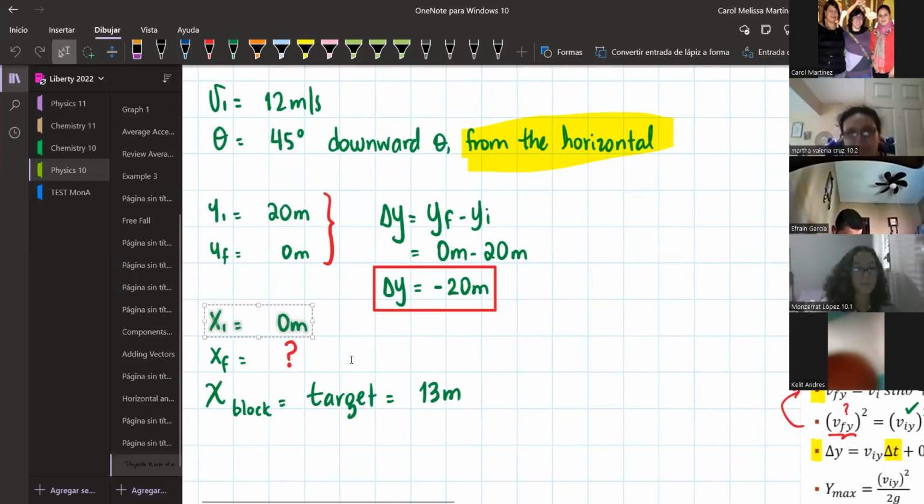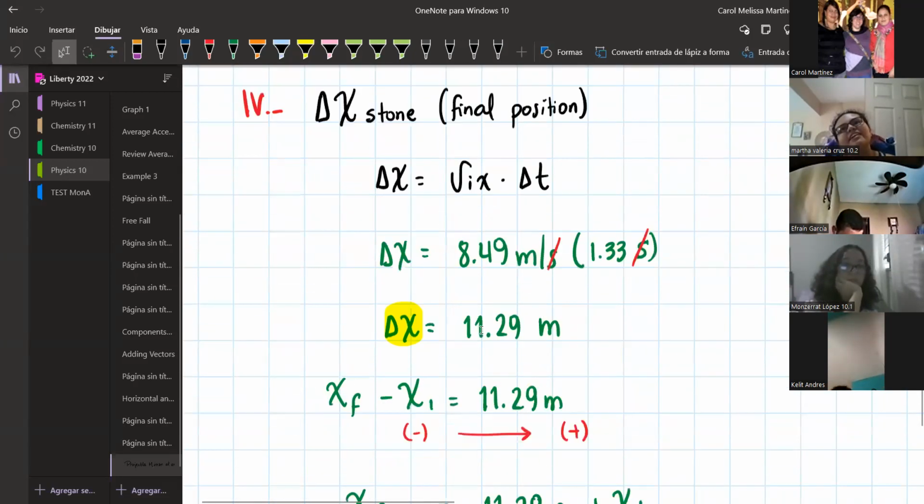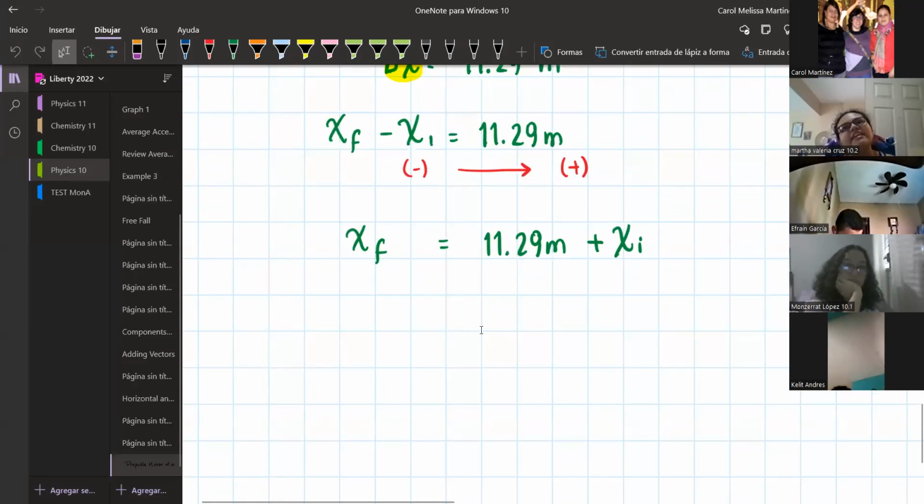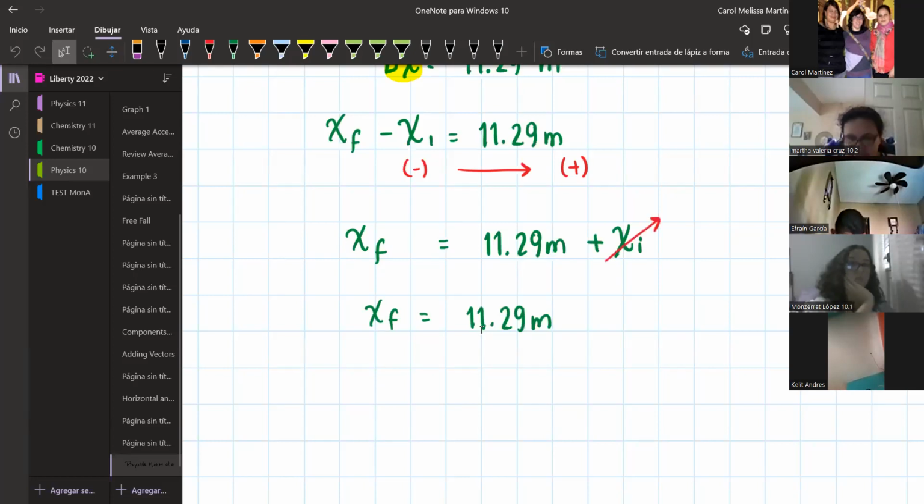But it's important that you know that some other times the initial position can be different than 0, okay? So in this case, it's not going to affect the answer that we got. So the final position of the stone is equal to 11.29 meters plus 0. X initial is 0, okay? So it's going to give you the same answer as the delta X.